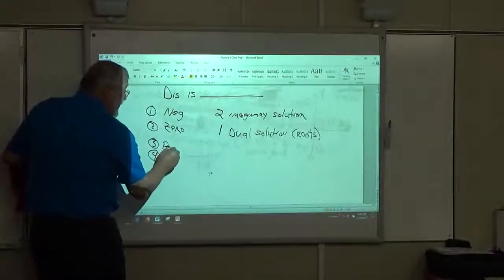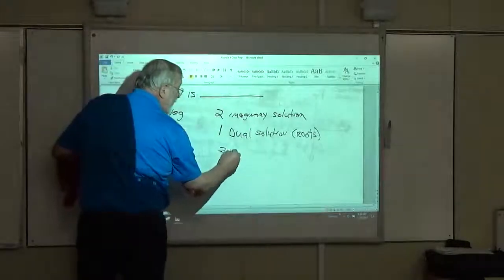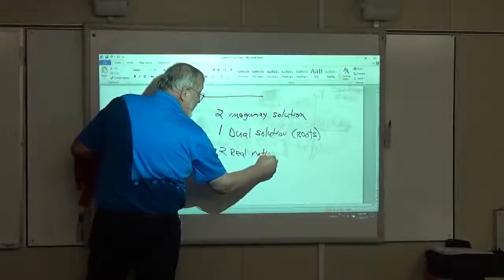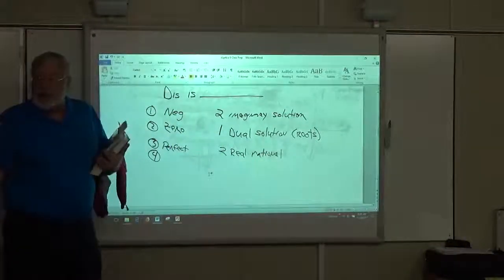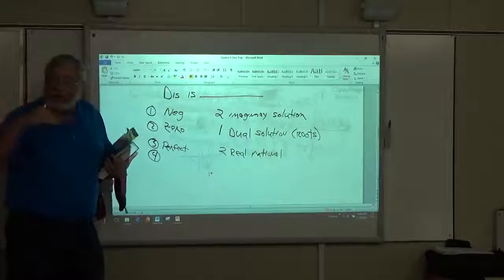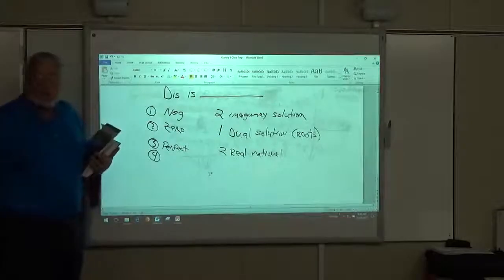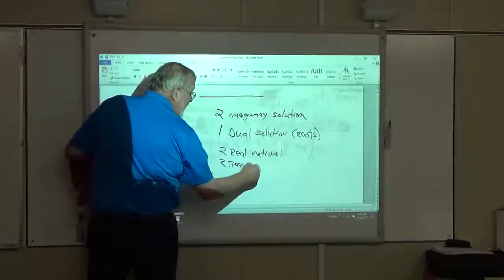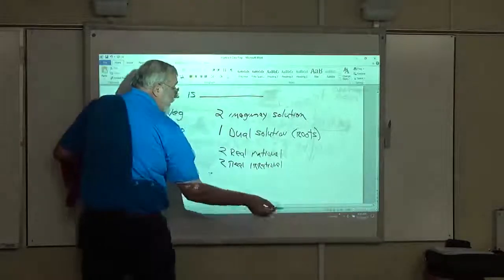If it is a perfect square, then I'm going to have two real, rational solutions, because if the square root is a perfect square, I'm going to have a whole number on top, and a whole number divided by 2a is the definition of rational. What happens if the square root's not perfect? Then I have two real irrational solutions.